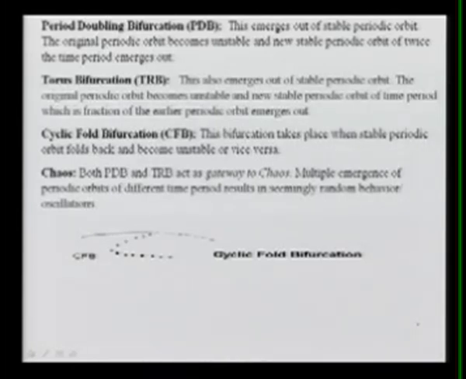Means, for example, if you can see here, this is the stable orbit, and here the period is, let's suppose, T1, and it is a stable one. Then suddenly a stable orbit of 2T1 appears, and the original one which was going, it is now unstable.